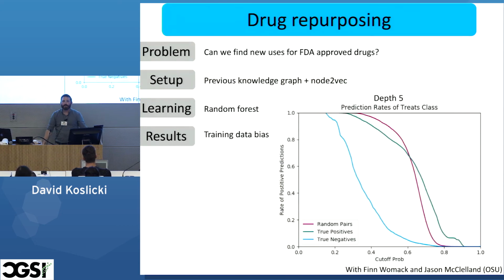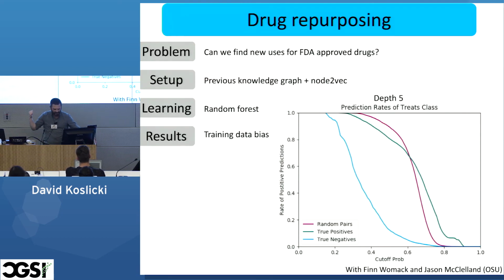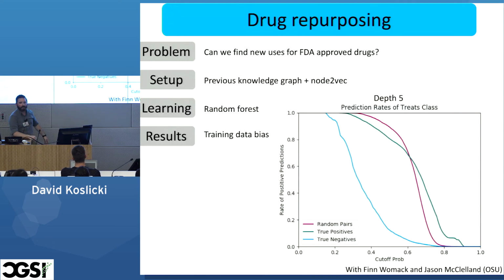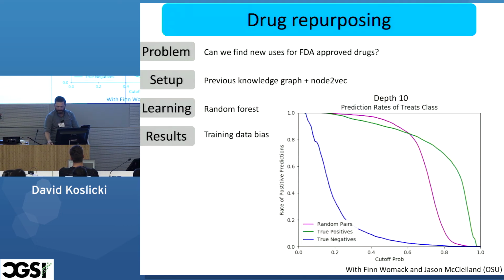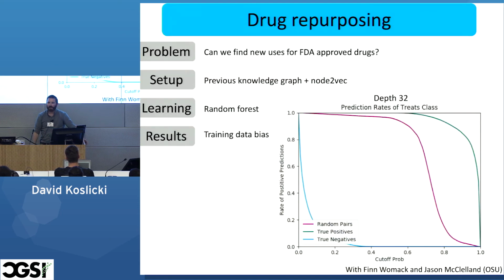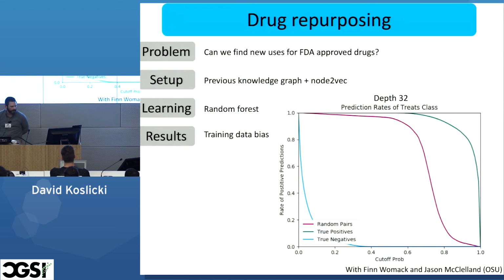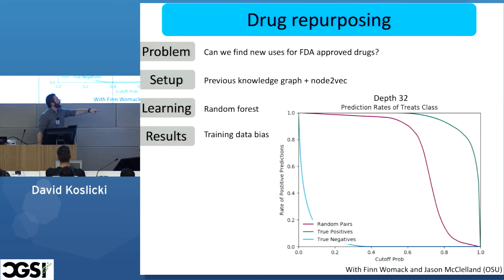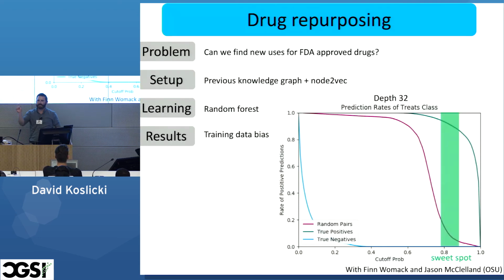So let's instead move to a random forest. You could use a random forest of shallow depth. This is even worse, right? Here our true positives are actually dwarfed by the random pairs. But now let's increase the depth and make it a deeper and deeper random forest. And oh, now this is starting to look like how we want it. We have our blue line decaying quickly, our green line is almost all the way to the top, and for our random pairs right here, there exists a nice little sweet spot.